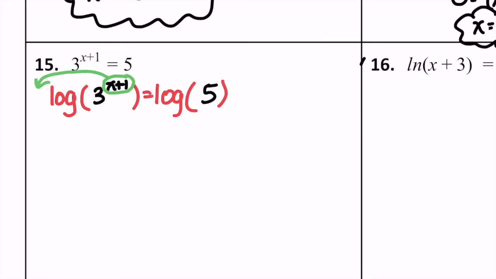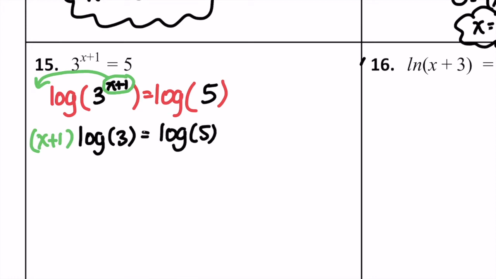So I really have (x + 1), which I put in parentheses, times log of 3 is equal to log of 5. The first thing I'm going to do on both sides is get this x + 1 by itself, so I want to divide by this log of 3 that's being multiplied. So divide by log of 3 on both sides.